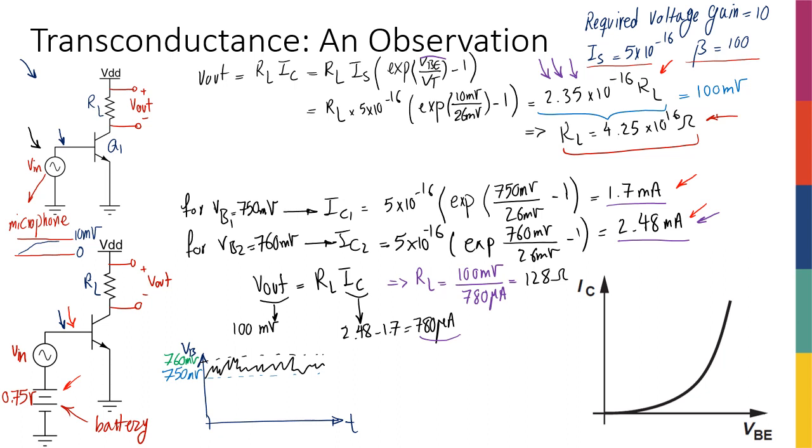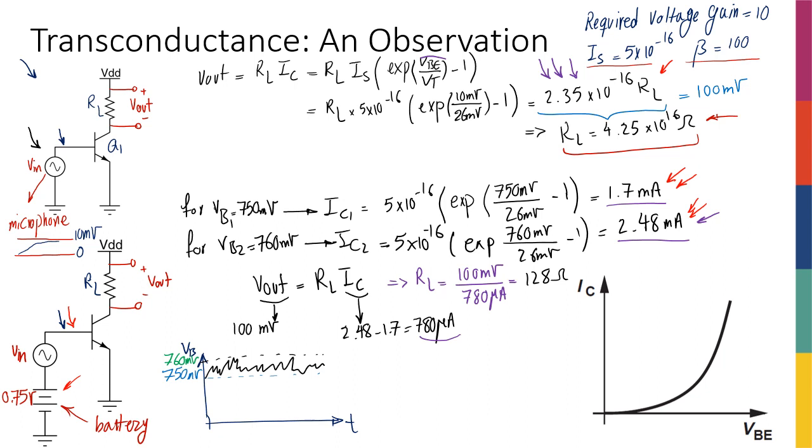And then based on this, I realized that when I have zero sound, this is the current that I get. And when I have the maximum sound at my microphone, this is the current that I get. So the voltage variations at my base are going to cause a current variation from 1.7 to 2.48.